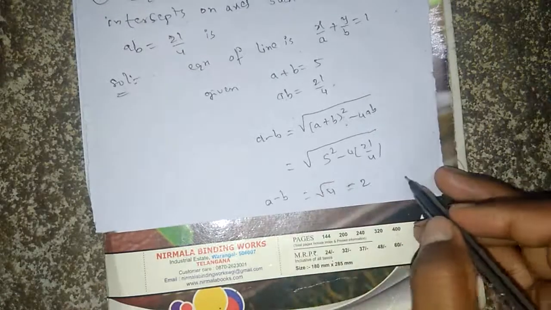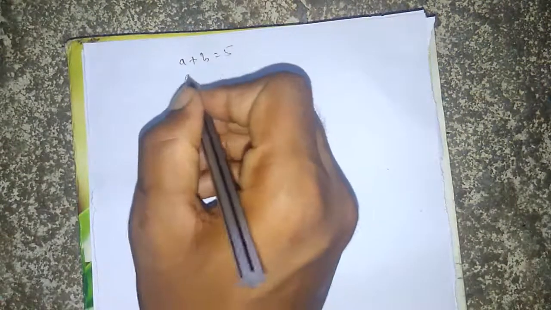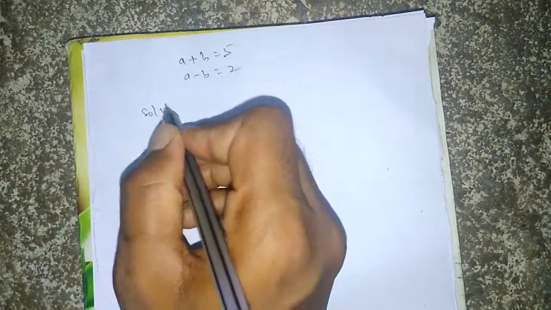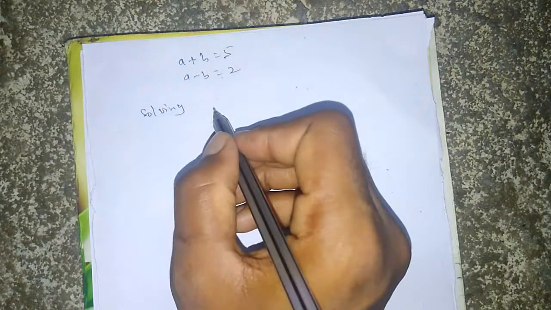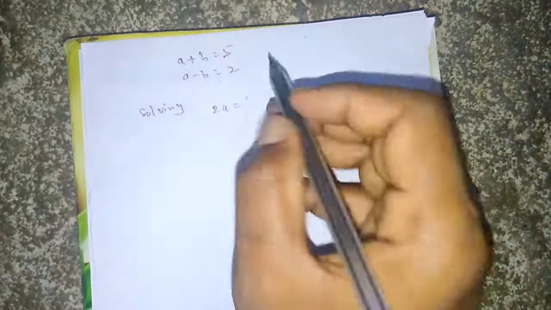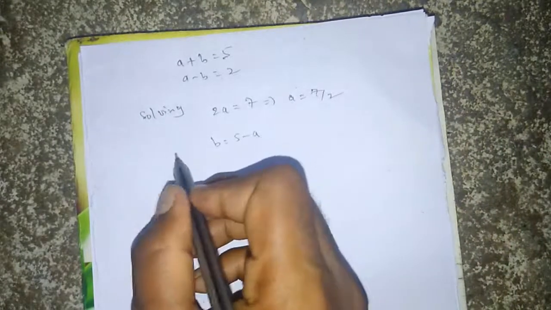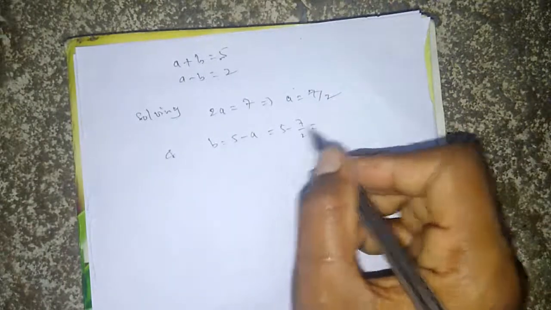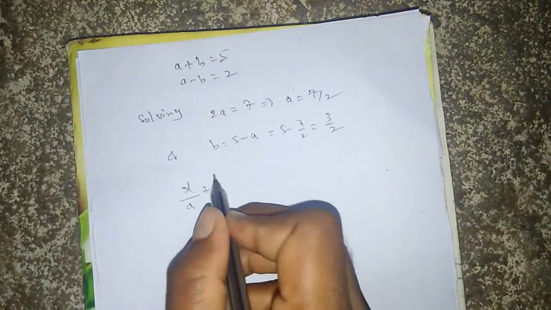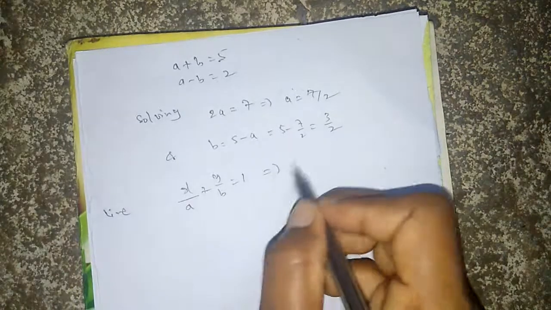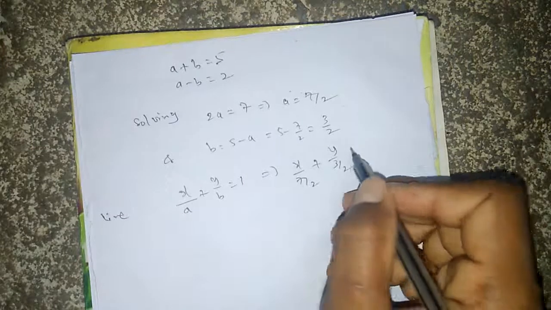So a - b = 2 and a + b = 5. Solving, if you add these two, b and minus b get cancelled, 2a = 7, which implies a = 7/2 and b = 5 - a, that is 5 - 7/2 = (10 - 7)/2 = 3/2. Now x/a + y/b = 1 is the required line, which implies x/(7/2) + y/(3/2) = 1.